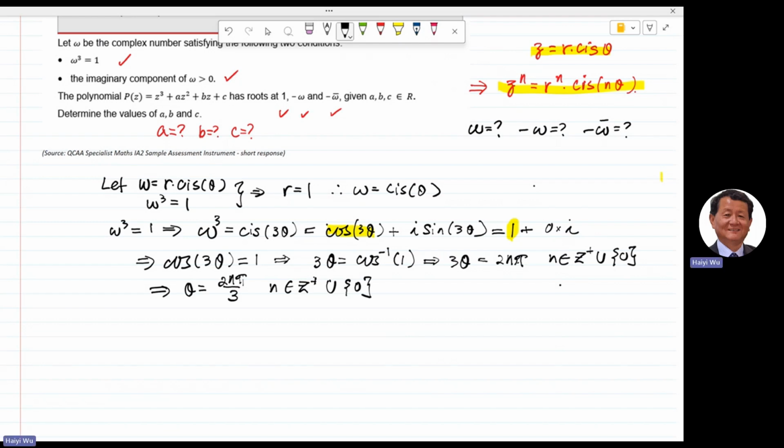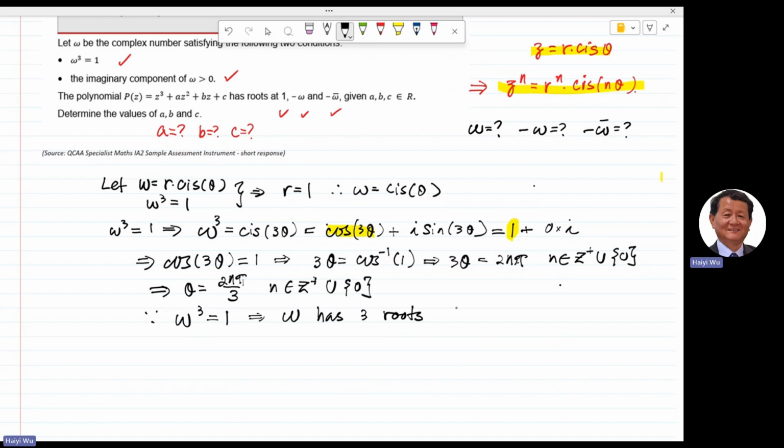Now we're going to decide exactly what theta will be, because we can have more than one answer. I'm going to choose n as 0, 1, 2. Why do I choose 3 values? Because omega to the power 3 is 1, therefore omega has 3 roots.